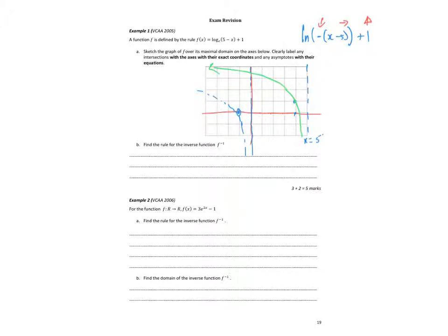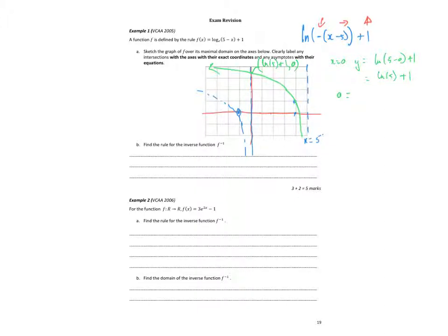So at x equal to 0, y will equal natural log of 5 minus 0, plus 1, which is natural log of 5, plus 1. So we'll get that point there. Natural log of 5 plus 1. Coordinates. So I'm going to put 0 in. And to find my x-intercept, I put y equal to 0.